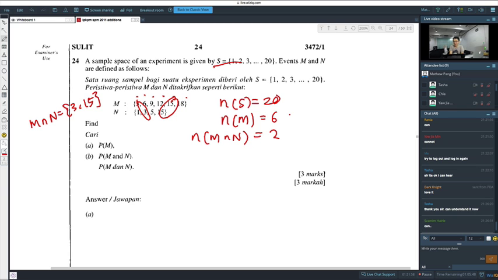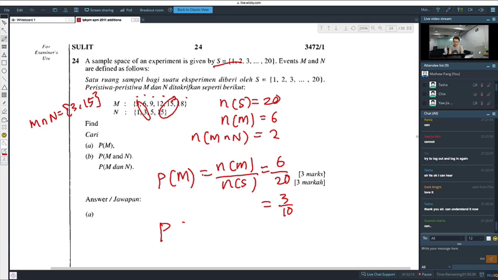I will only use the number because this is probability. If the question asks me about the probability of M, I know it's the number of M over the number of sample space. So basically it's 6 over 20, which is 3 over 10.